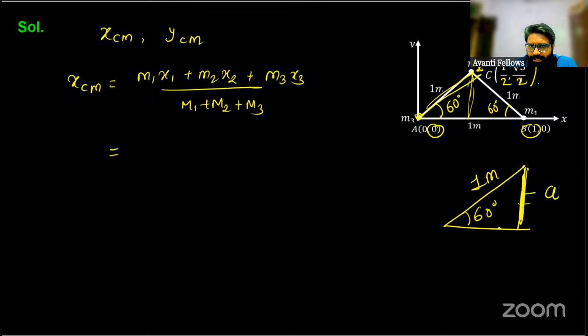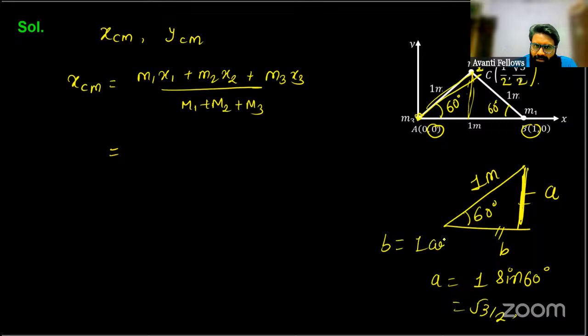Let's say this component is A, this component is B, so A will become 1 sine theta or 1 sine 60, which is √3/2. And B will become what? 1 cos theta, यानी कि 1 cos 60, which is 1/2. So it is written 1/2 is the x coordinate, this one, and 3/2 is this length. ठीक है? Now calculate it.